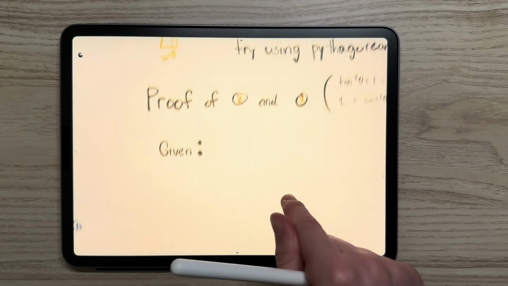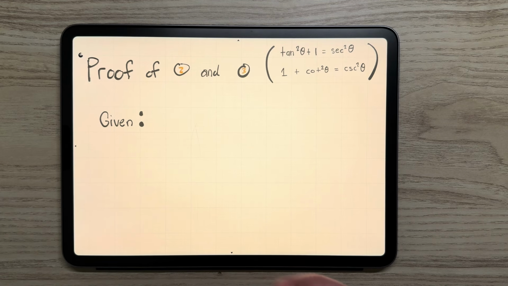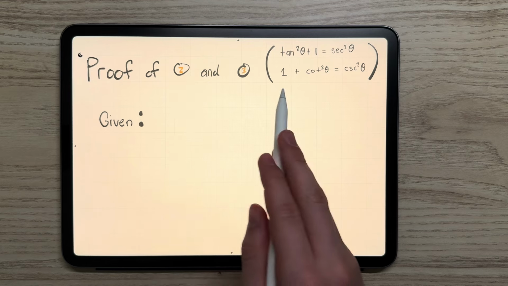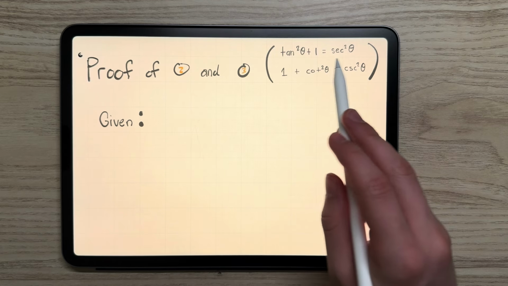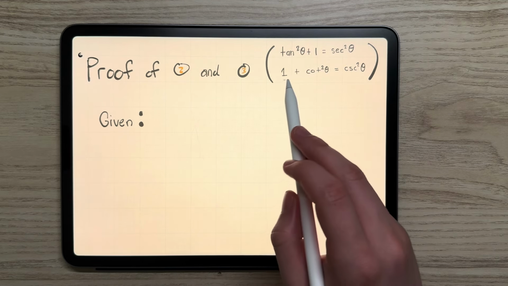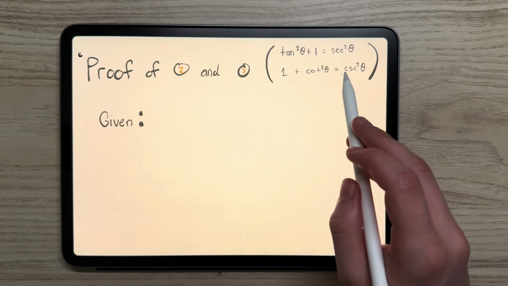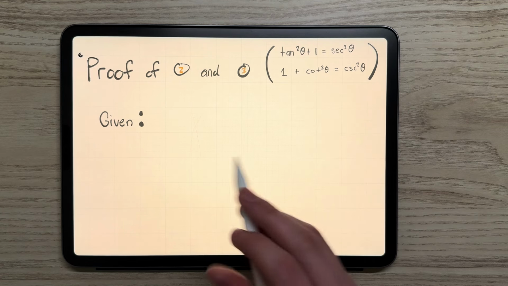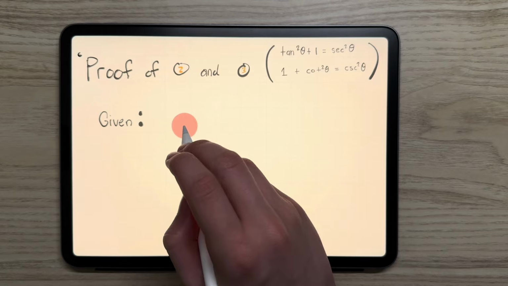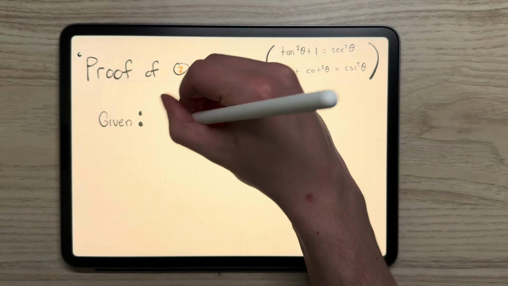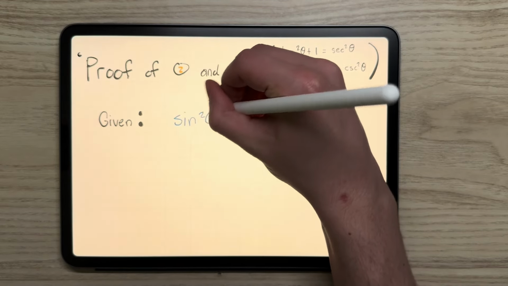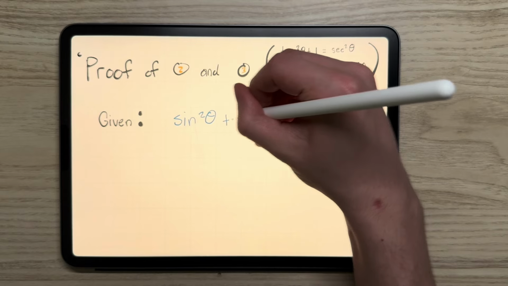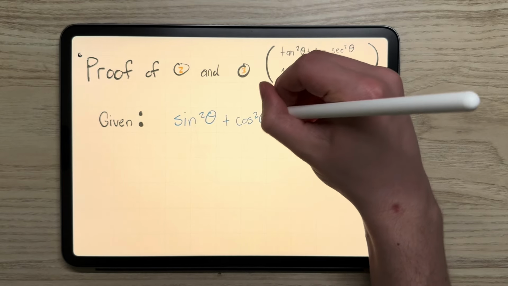Great, so now we can use that to prove the other identities, 2 and 3, which were tangent squared theta plus 1 equals secant squared theta, and 1 plus cotangent squared theta is equal to cosecant squared theta. So the way that we're going to prove these is using what we just proved. So we start off with this identity.